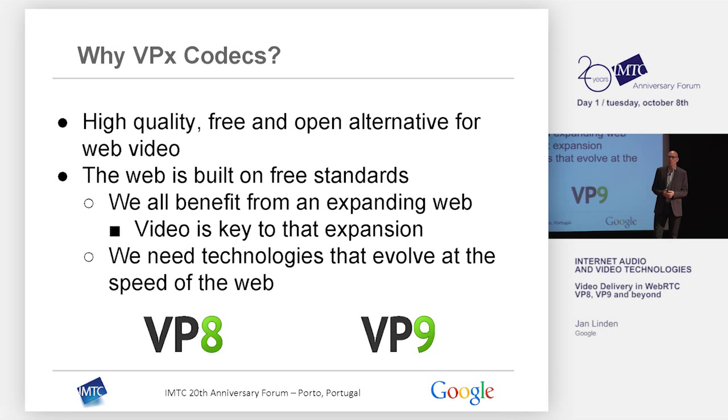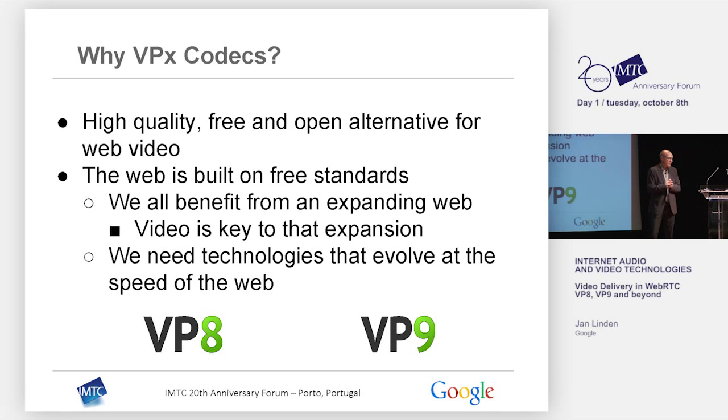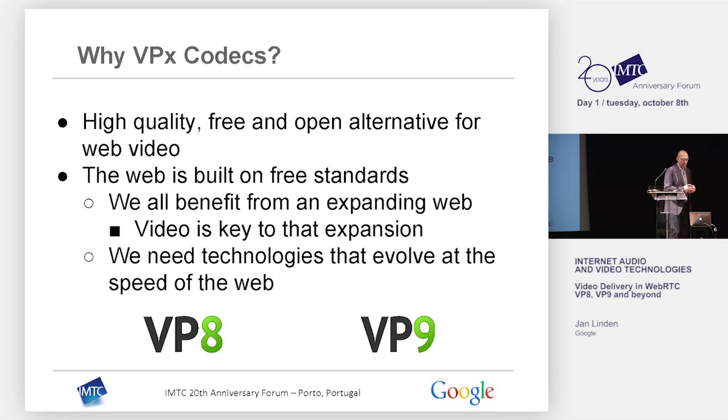It has to happen much, much quicker in order to keep pace with the tremendously innovative developers you have out there on the web. And obviously, we all benefit from this. The web is a tremendous vehicle to make money and to reach anybody with any kind of purpose you want. So that's the background for why we developed these codecs.